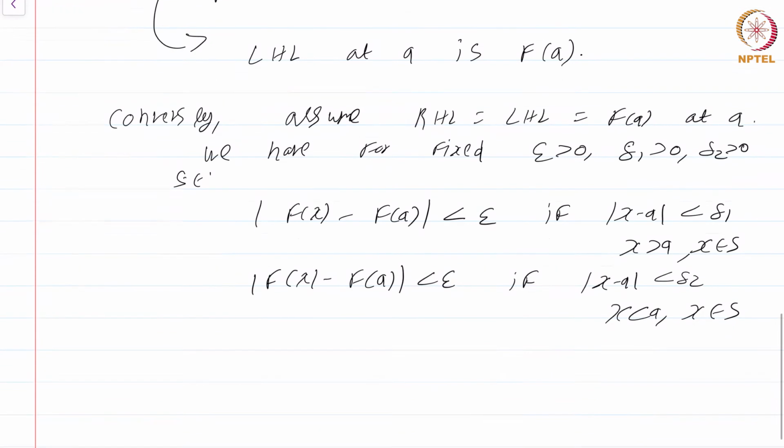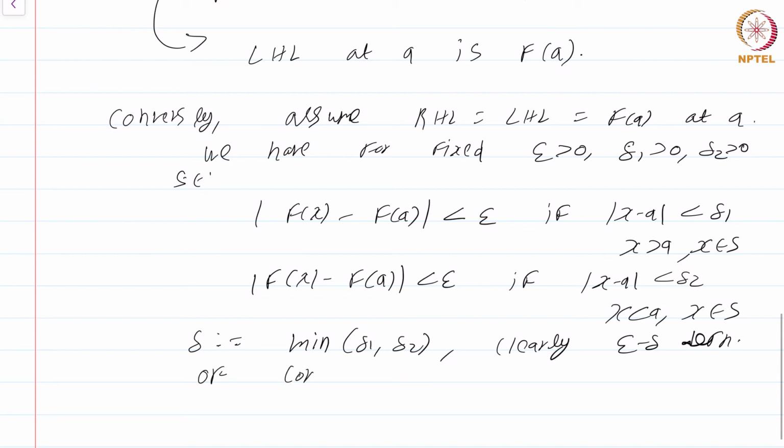So if you choose delta to be the minimum of delta 1 comma delta 2, clearly the epsilon delta definition of continuity is satisfied. So better to not write it like this.